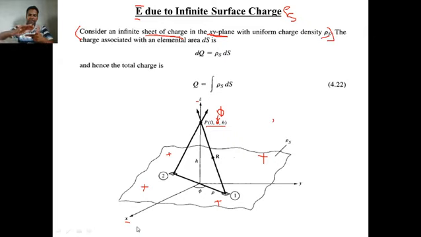The xy plane direction is az cap, because whenever you want to find the direction of any surface, you draw a perpendicular to that surface. If it is the xy plane, then perpendicular to it is the z axis. So this surface is denoted by ds z bar, differential surface in z direction.